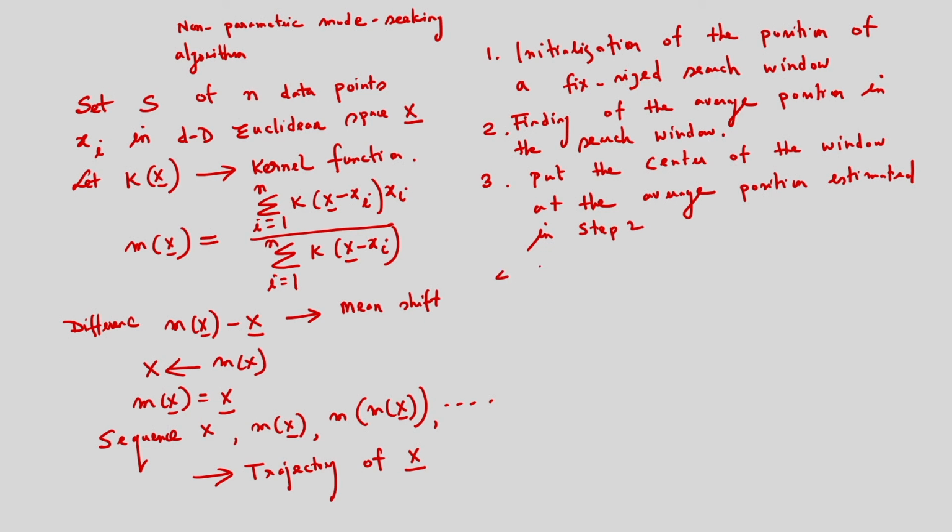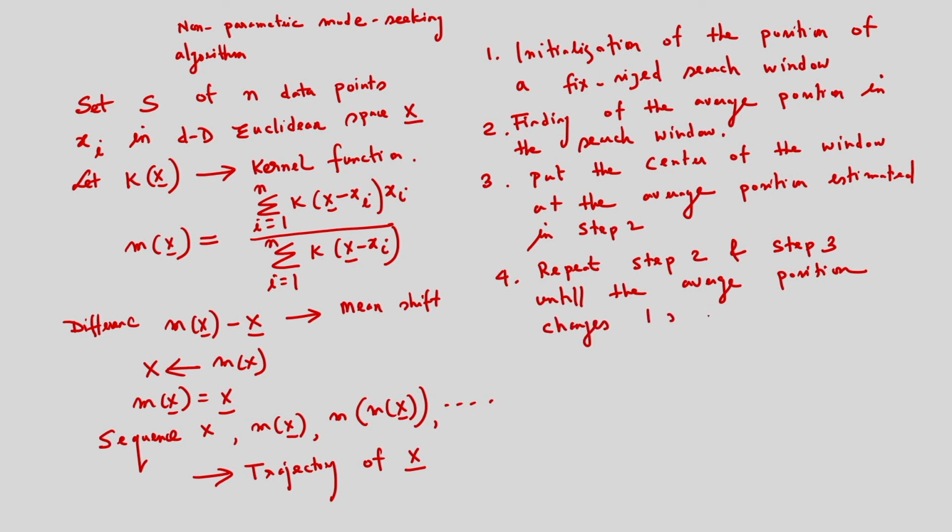And finally, repeat step 2 and step 3 until the average position changes less than a threshold. This is the mean shift algorithm.